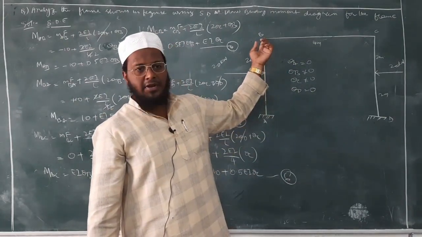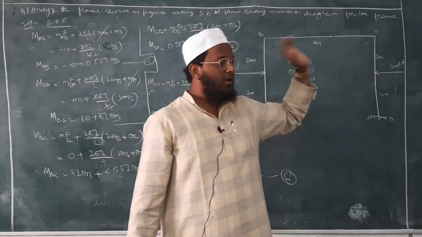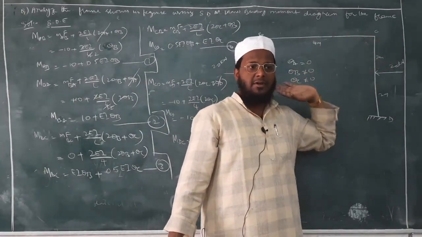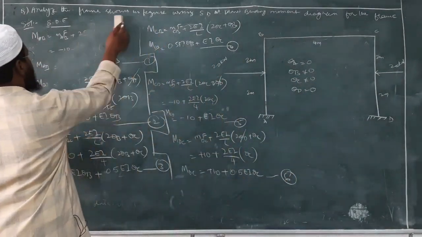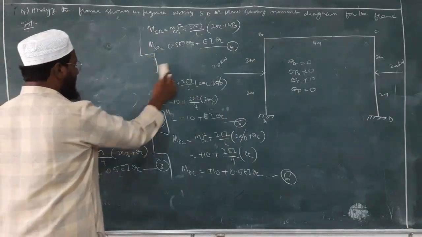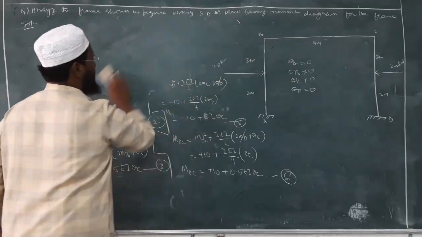So what will happen here? MBA plus MBC is equal to 0, and another equation will be MCB plus MCD will become 0. Okay. So we'll apply the equilibrium conditions.